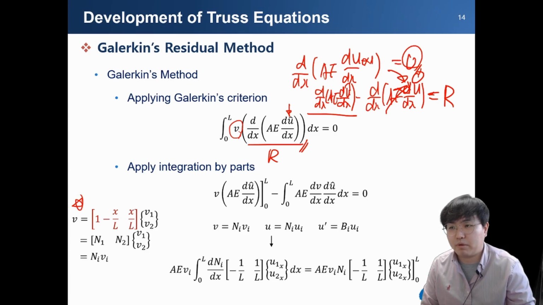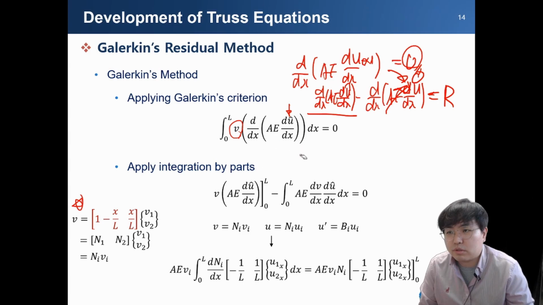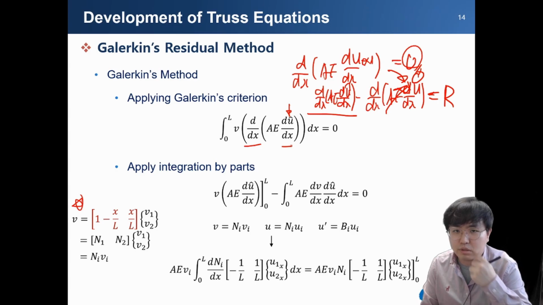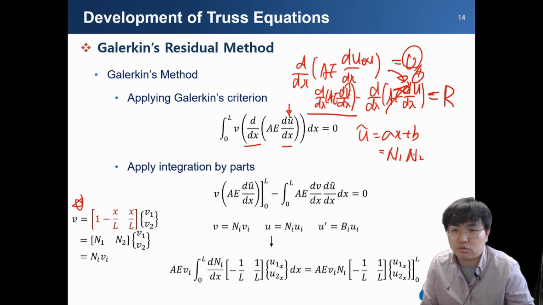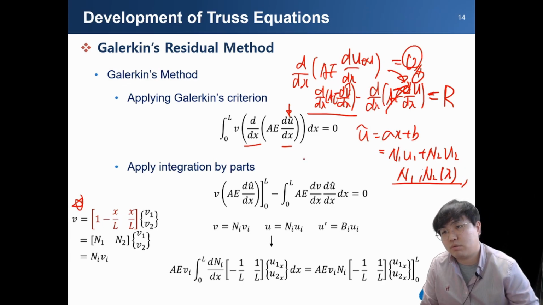So this equation is a second order differential equation, but this u is an approximated solution, N1 u1 plus N2 u2, where N1 and N2 are functions of x.